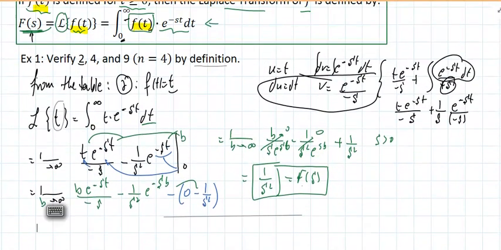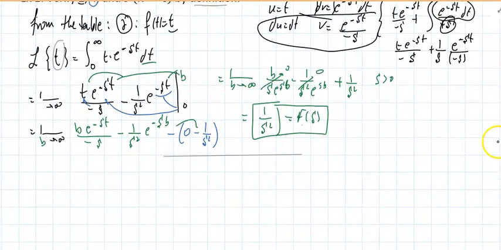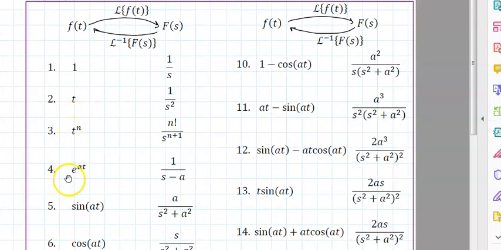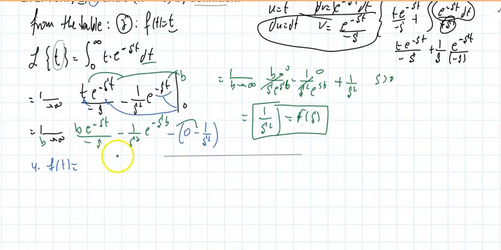I want to verify property 4. What does that mean? Property 4 claims f of t equals, and it's in the table, e to the at.